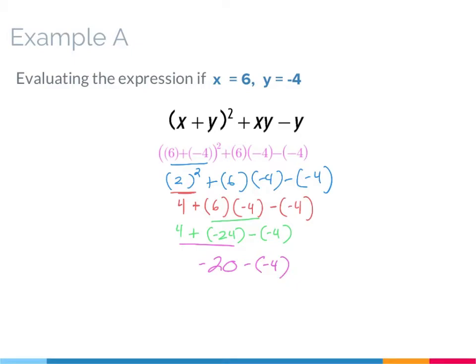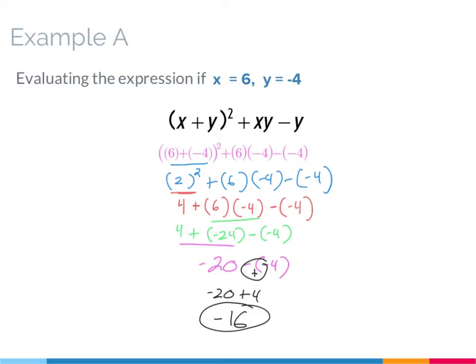Now again, you can use your calculator for this, but luckily I remember my integer rules and I know that this minus and minus are going to give me a plus, so I'm going to end up with -20 plus 4, and -20 plus 4 is going to give me -16. And again, I'm going to circle my answer on my paper so that my teacher can easily locate it when I'm doing a test or a quiz or even a classwork.